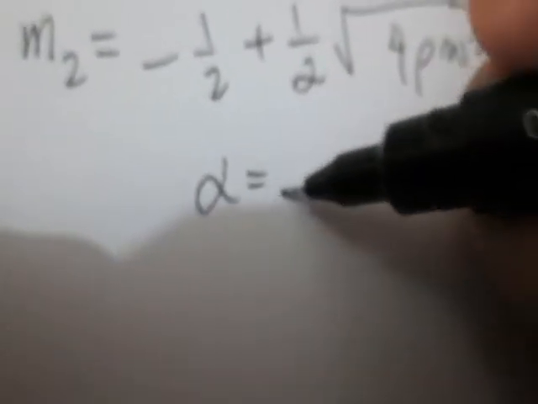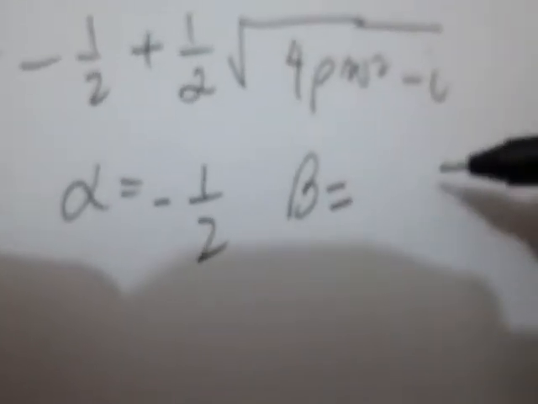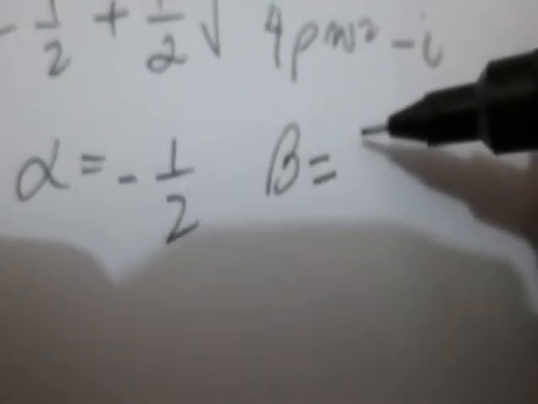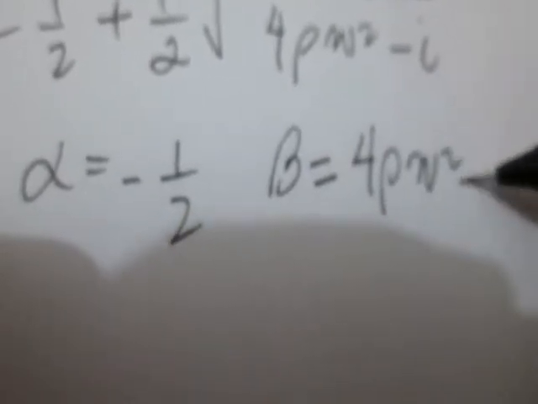So we have our alpha, which equals -1/2, and our beta, which equals the square root of 4 rho omega squared minus 1, over 2.